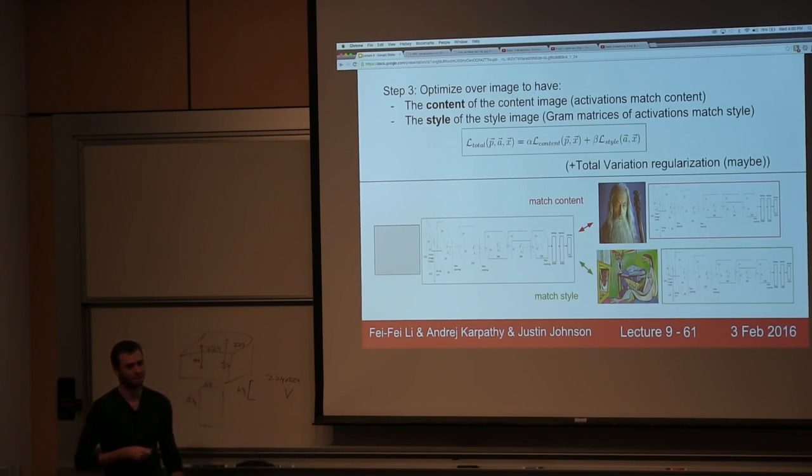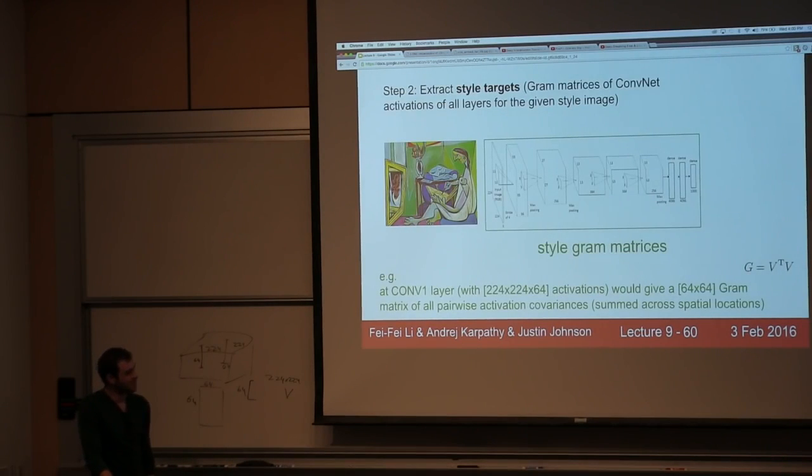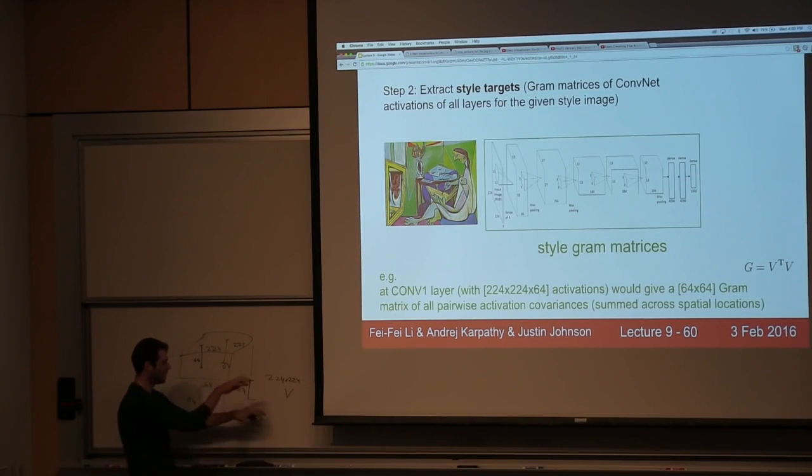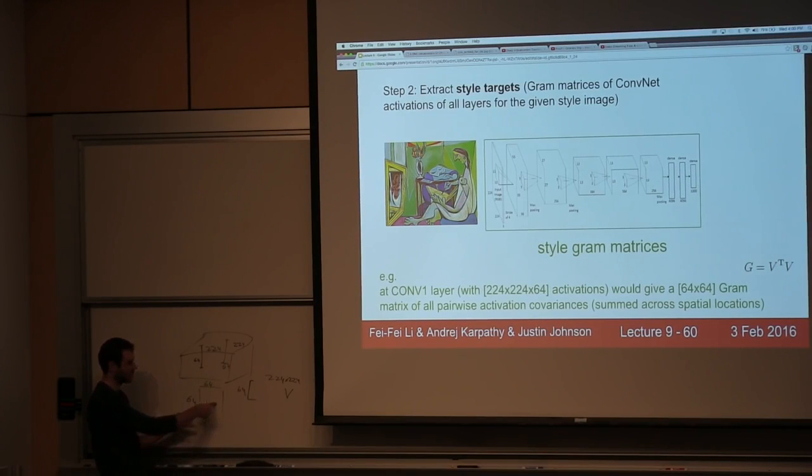Couldn't we see it as some kind of orthogonal projection on the style instead of the pairwise? Could you interpret the V transpose V as some kind of a projection? I'm not sure if I'm fully seeing that. It's kind of like we take all these fibers and we stack them as columns, and then when we do this giant outer product of this times S transpose, we end up with a 64 by 64 matrix.